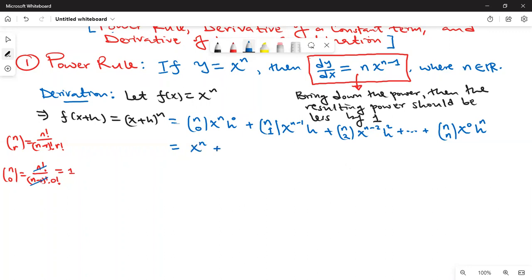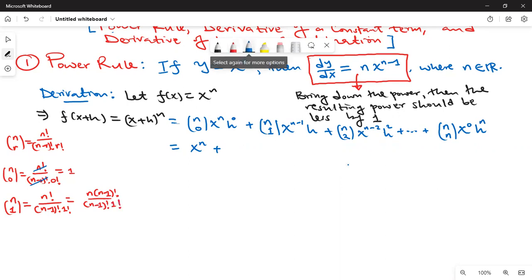Then plus, let's see, what about n combination 1? N combination 1 is the same as n factorial over n minus 1 factorial times 1 factorial. And this you can write as n times n minus 1 factorial over n minus 1 factorial times 1 factorial.